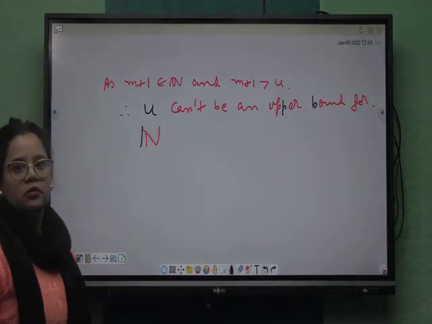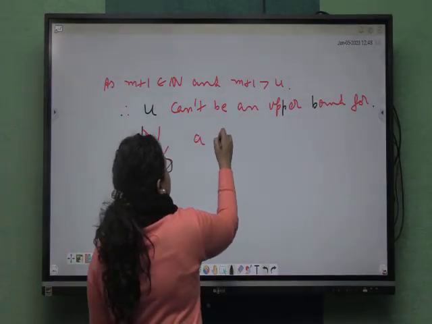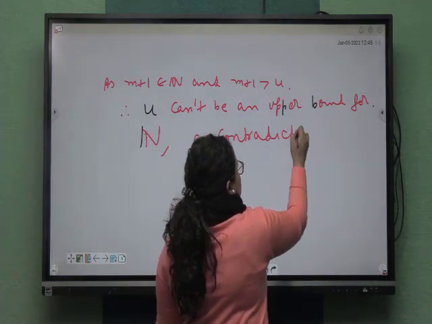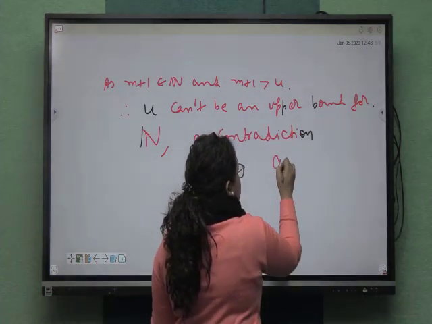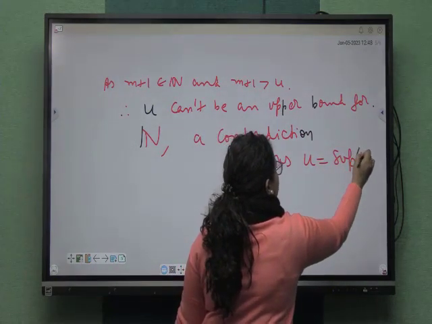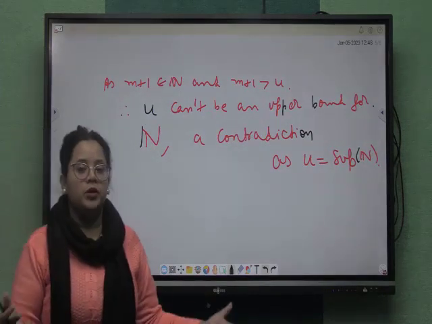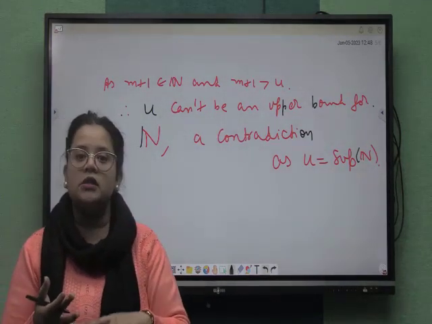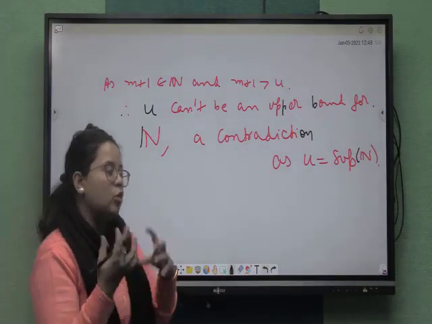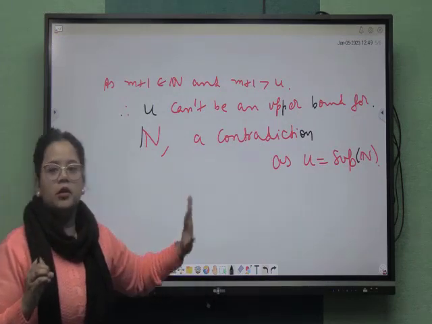A contradiction, as u is equal to sup N. Supremum means the least upper bound. It has to be an upper bound and it must be the least upper bound. The smallest upper bound is my supremum. So I am getting a contradiction.